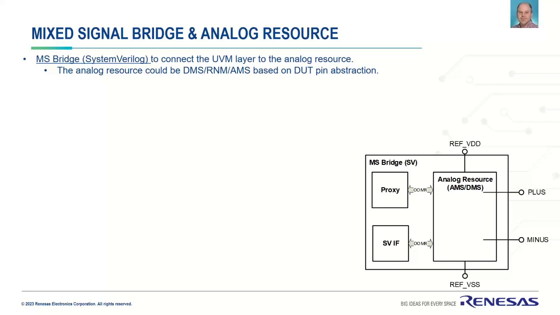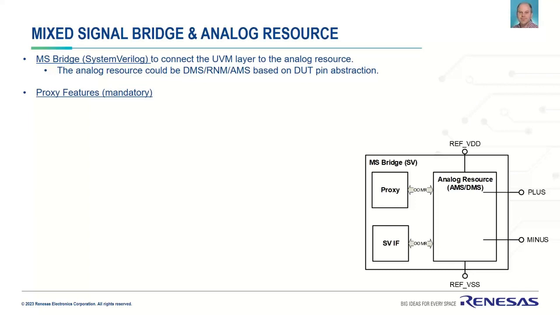Then in there, we have an analog resource, and that is where you code up the functionality based on the abstraction of the pin. So if the pin's a user-defined net type or a real or electrical, you have to make the analog resource match the DUT abstraction. The ports or the connections from the proxy or SystemVerilog interface to the analog resource are done as out of module references.